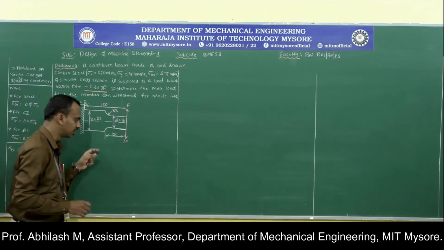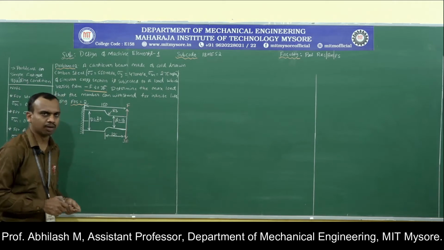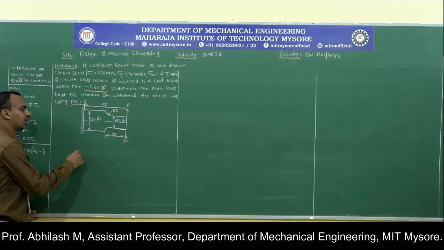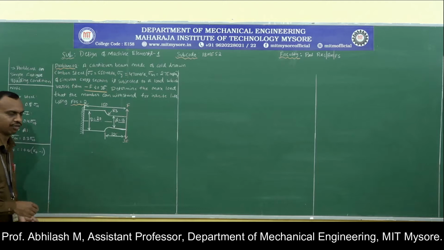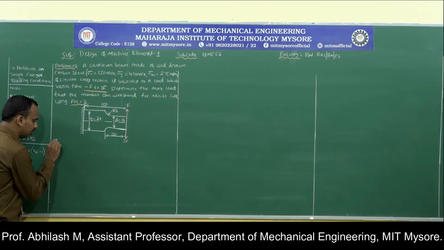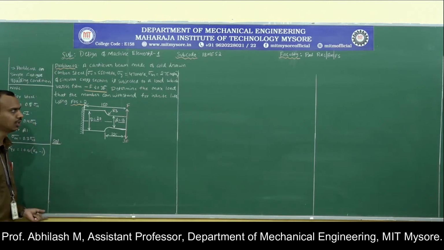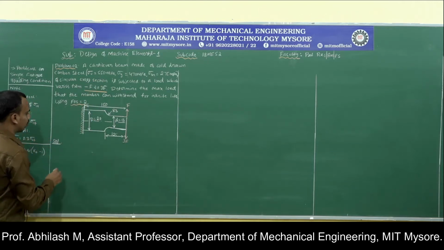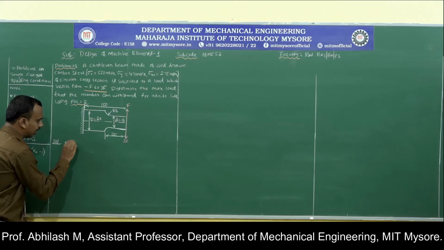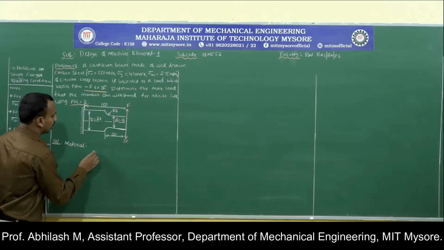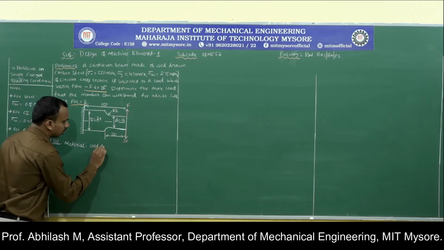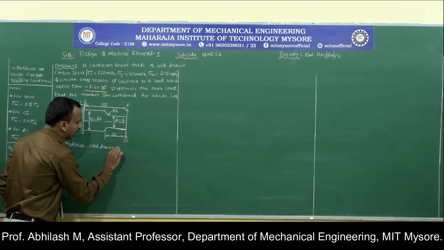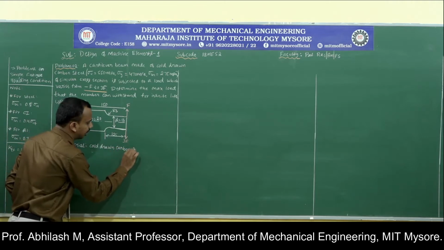Now let us list down the data given in the problem and then calculate the value of F. Solution: a cantilever beam is made of cold drawn carbon steel.